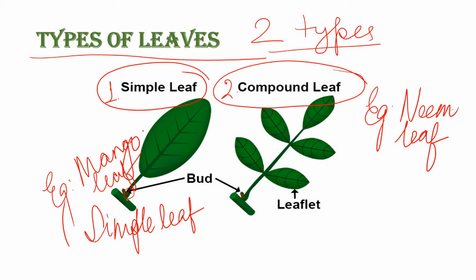Here there is one single leaf, and here the lamina is divided into 1, 2, 3, 4, 5 leaflets, isn't it? So these types of leaves are called compound leaves. The perfect example is the neem leaf. Try to see it tomorrow, and you will see that the lamina is divided into many small leaflets, and those are compound leaves.